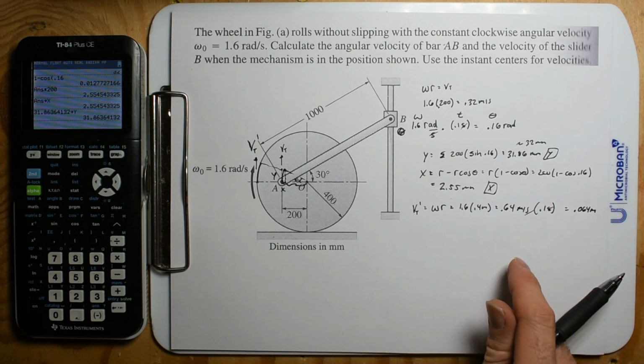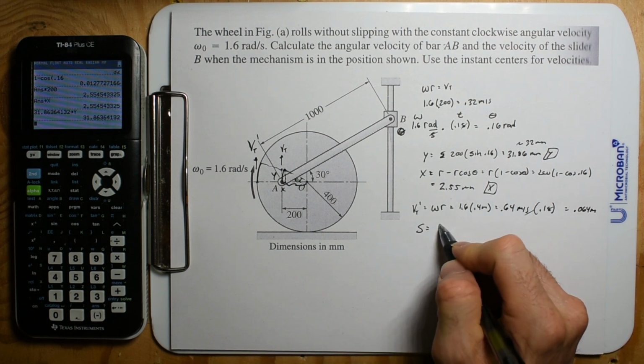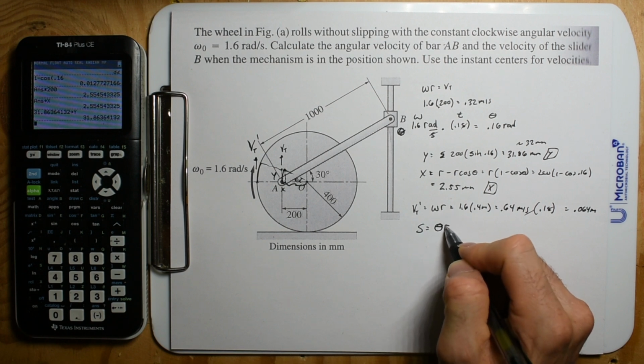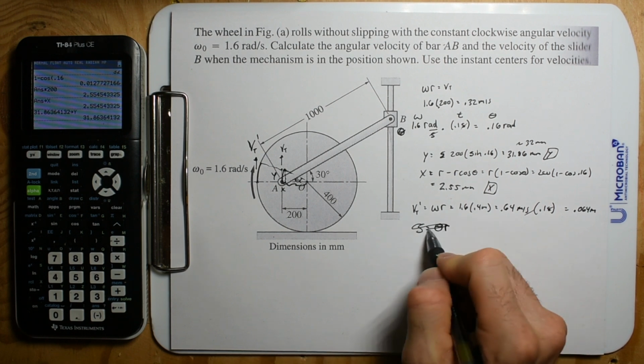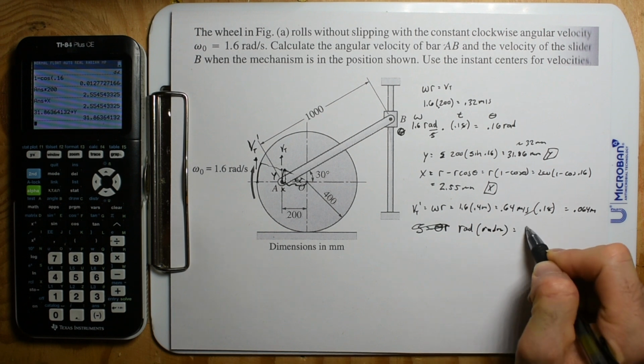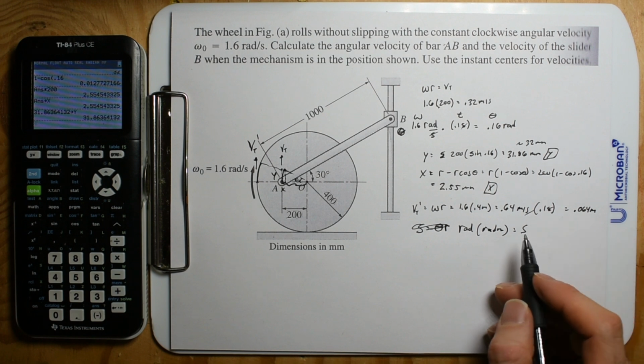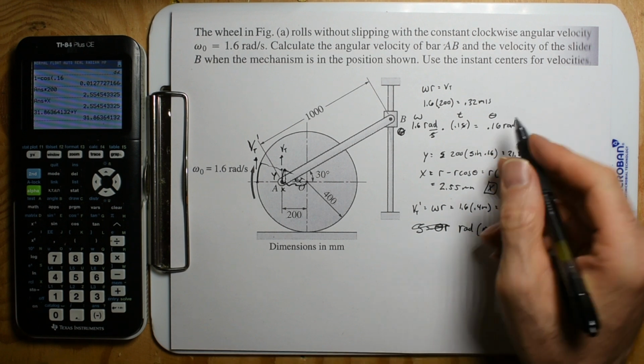What did we want? Did we want that? Yeah, we wanted arc length. So arc length is angle times the radius, or radians times radius is arc length. And did we even find radians? Well, I think we had it from up here.